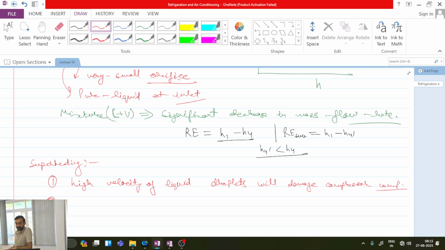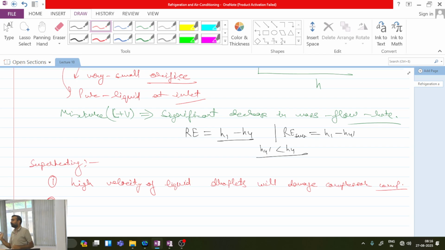Now what happens, whenever a liquid refrigerant enters into the piston cylinder arrangement, the liquid has more tendency to stick to the lubricating oil and carry the lubricating oil along with it.